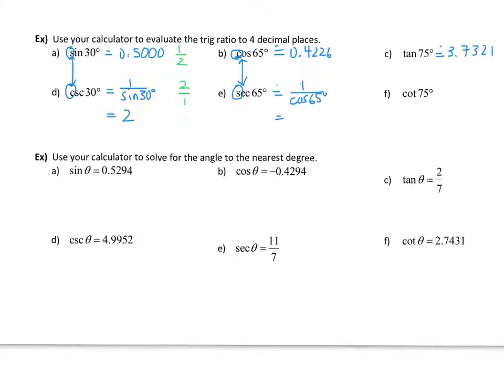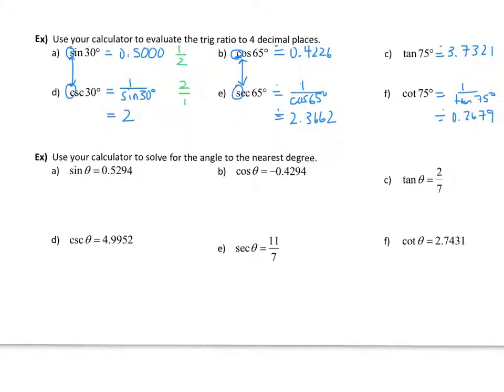You should get about 2.3662 approximately there. Okay, and the last one, this is going to equal 1 divided by the tangent of 75 degrees, and that I got approximately equal to 0.2679.